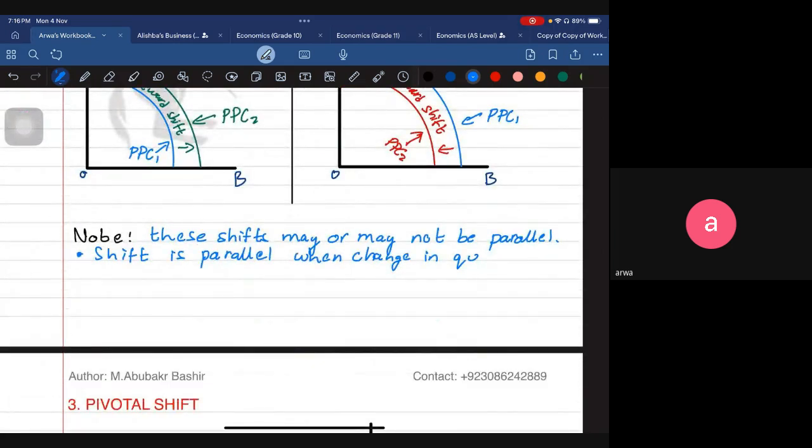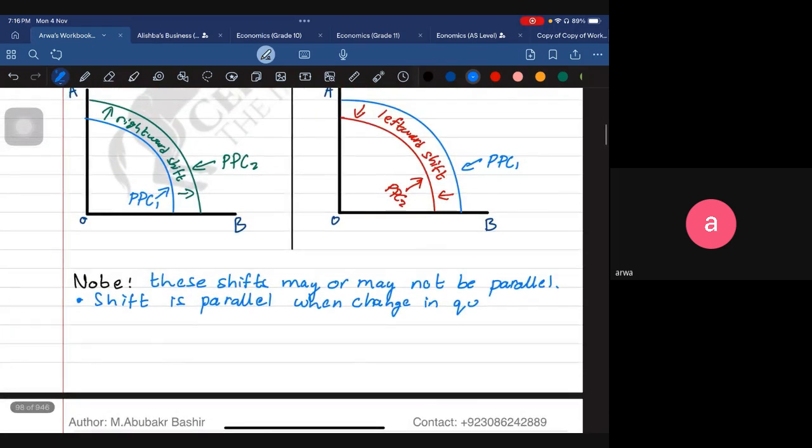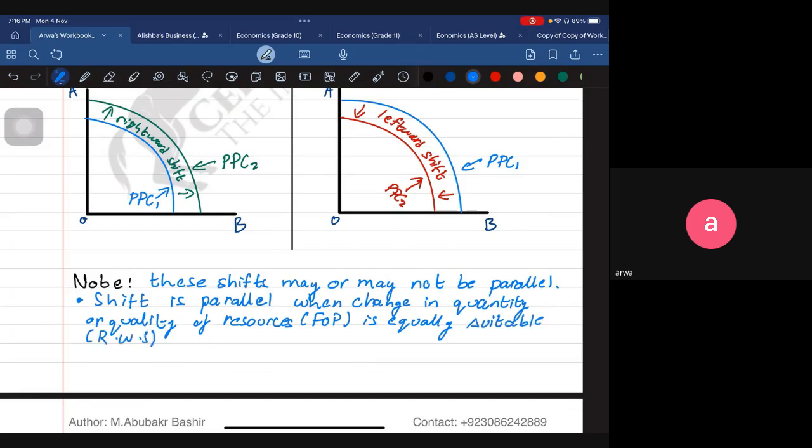These shifts may or may not be parallel. A shift is parallel when the change in the quantity or quality of resources or factors of production is equally suitable, that is a rightward shift, or equally problematic, when there is a leftward shift.